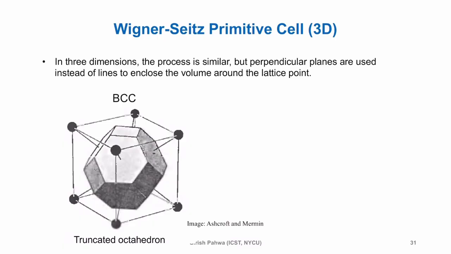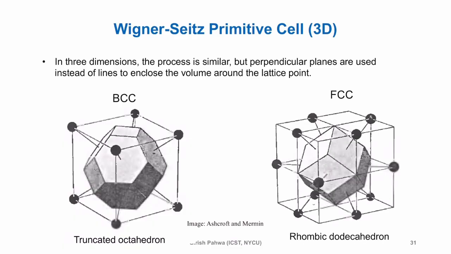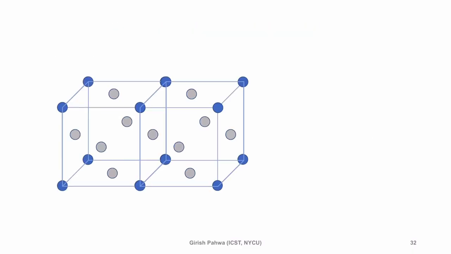For FCC, it's even more complicated. This is for FCC, a very weird shape. But the procedure remains the same. You keep connecting to the neighboring points and draw perpendicular bisectors. I have given on the next slide how we can draw this, so let me do it for you.